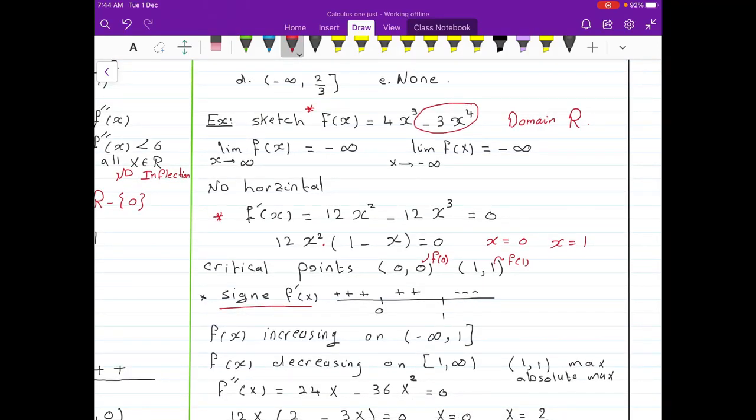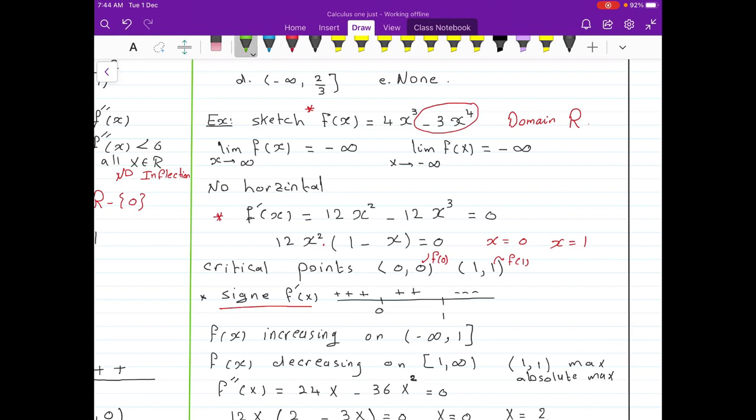We have 0, 1. If you choose a number greater than 1 like 2, you substitute in f prime. So 1 minus 2, the sign is negative. If you choose a number between 0 and 1, like 1/2, 1 minus 1/2 is positive. So the sign is positive.